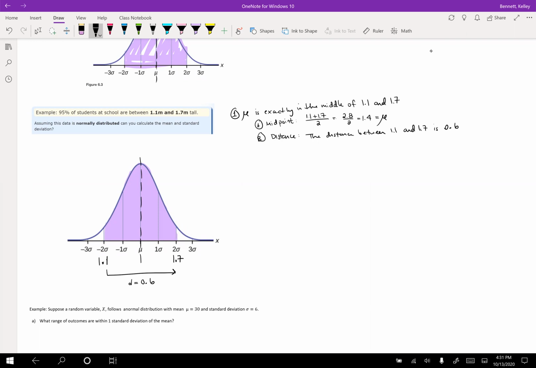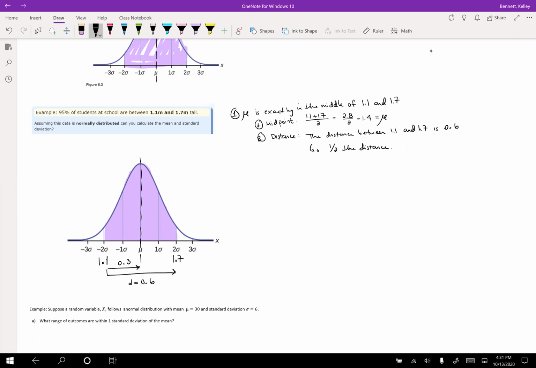And then to get to the midpoint, I just want to go half the distance, which is 0.3.